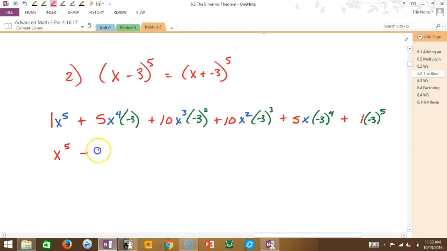Everybody okay with that? Minus 15x to the 4th. On my third term, remember I have to do my exponents first. What's negative 3 squared? 9. 9 times 10? 90. So I have a positive 90x cubed.